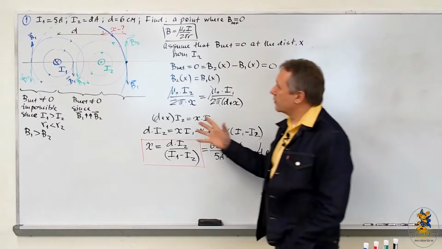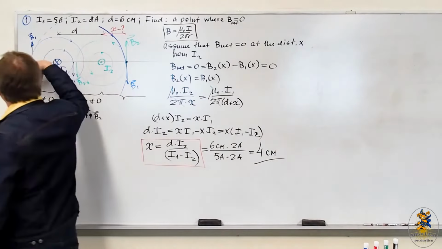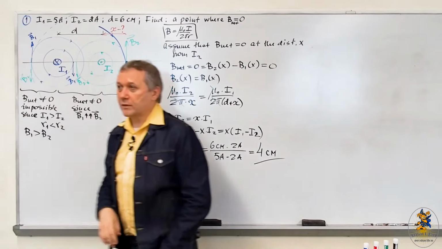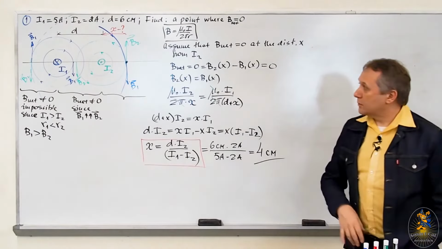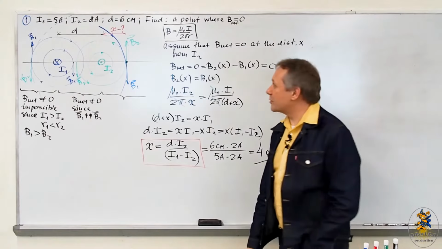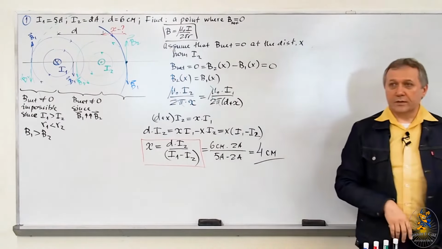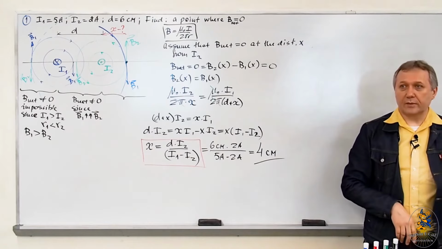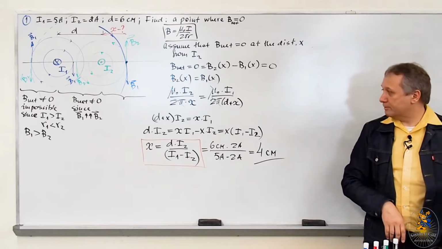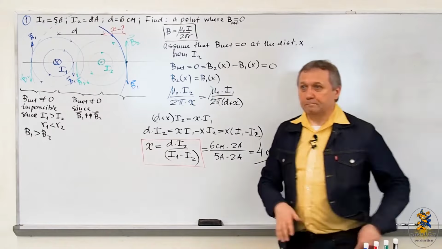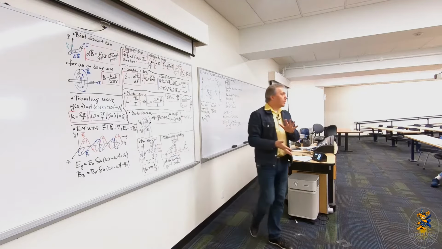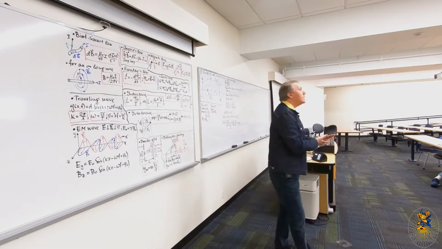So pretty much here we practiced finding directions of the magnetic field lines, analyzing their values, right, and also practiced using this formula in a reasonably simple mathematical expression. Make sense?